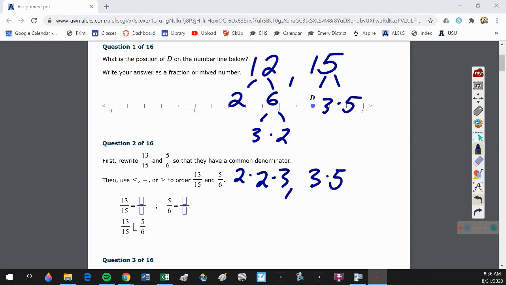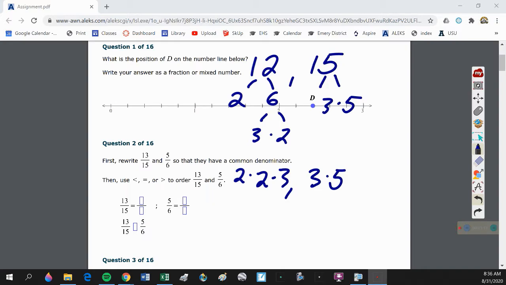Those are the building blocks for those numbers. Everybody follow so far? So my smallest common multiple, my least common denominator, has to contain all of the building blocks of 12 and all of the building blocks of 15. But if there's overlap between the two, then I don't need to throw in that number twice.